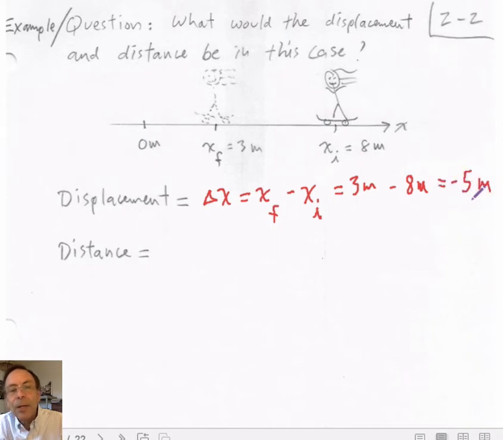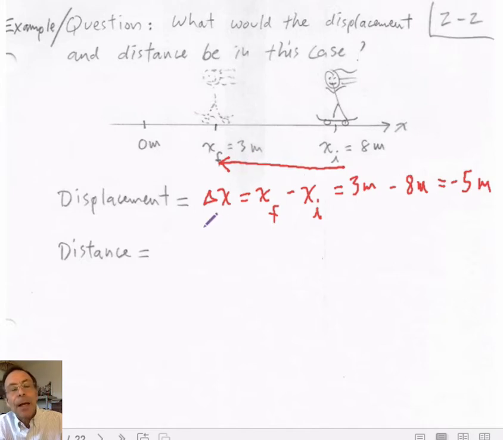And so the displacement is negative 5 meters. And then I could add to that a vector arrow, which in this case is pointing to the left, which is the negative direction. And that would be the vector for the displacement.